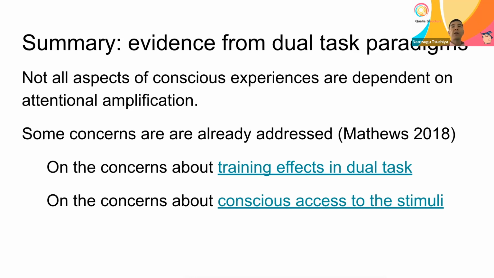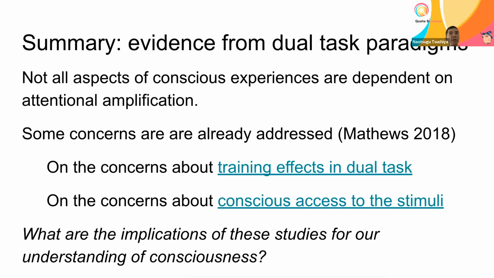That was a bit difficult to deal with, but last week, I also explained that this Julian's task used half-blend faces, one face colored red-green, or green-red, and that one still was possible to see in its face aspect, but not the color aspect under the dual task condition. With that, it's a bit difficult to further sustain the claim that attention actually escapes into the face during the dual task.